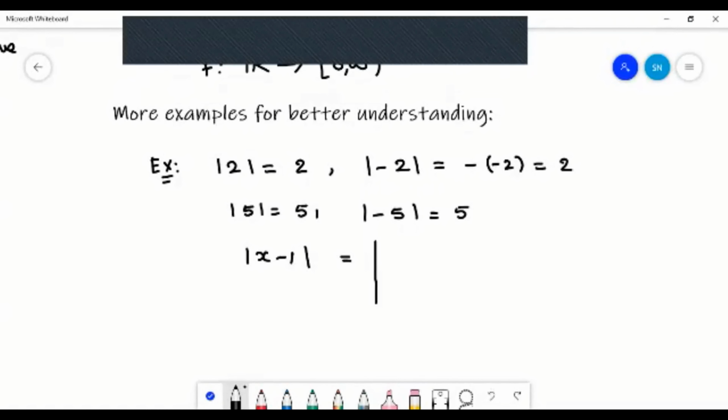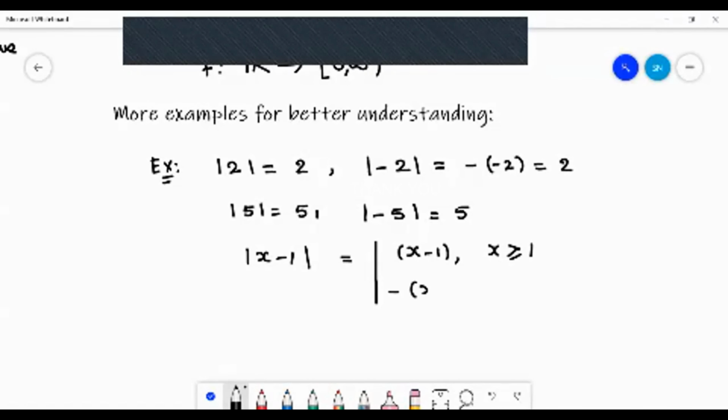When we apply the modulus function, it depends on the sign of the expression or value which lies inside the modulus. So here there are two cases. It is equal to exactly the same when this expression is positive or equal to 0, that is, x greater than or equal to 1.